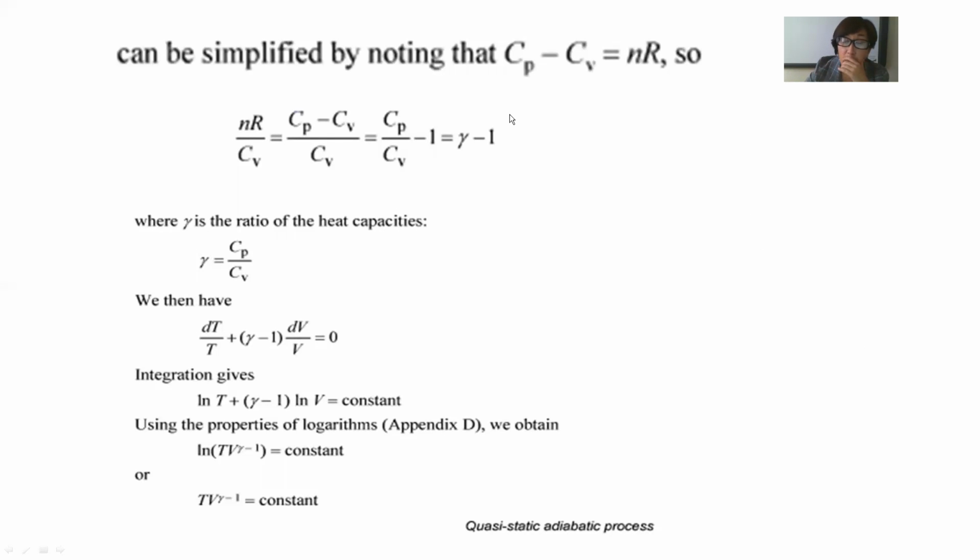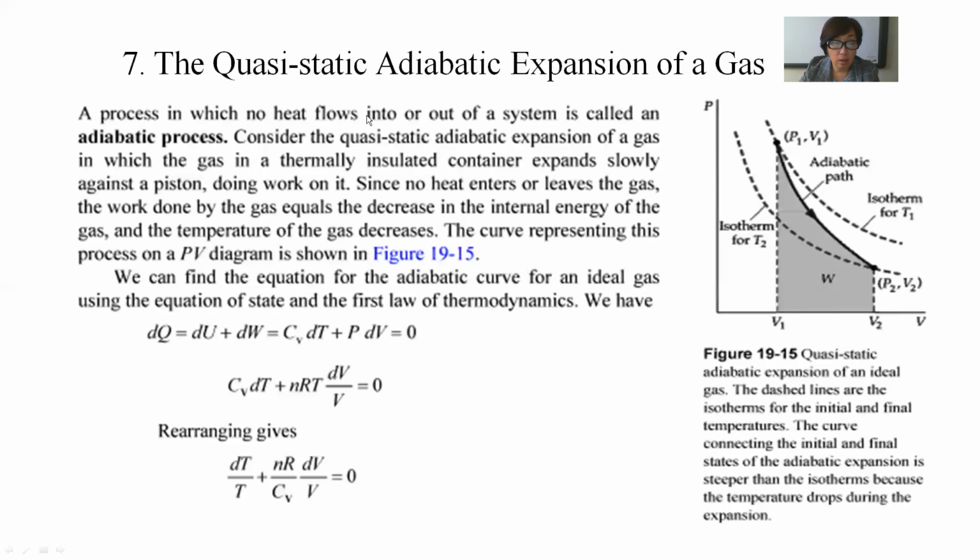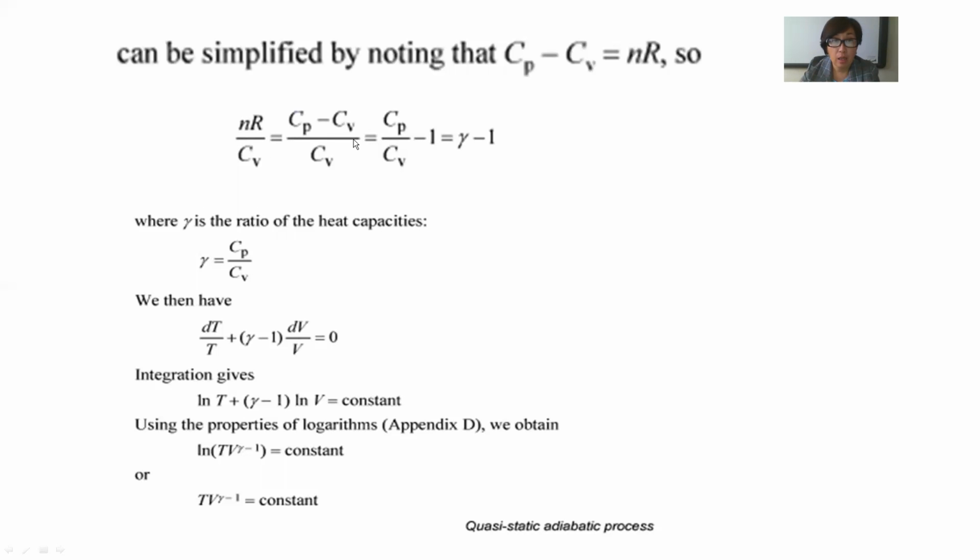We now say Cp minus Cv equals the number of moles multiplied by the universal gas constant, nR, so the final formula involves gamma minus 1.